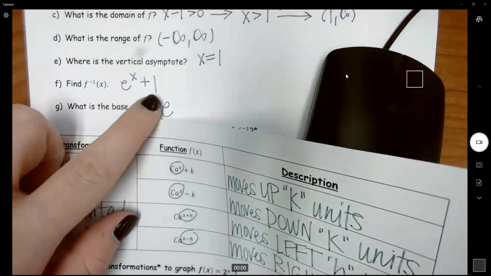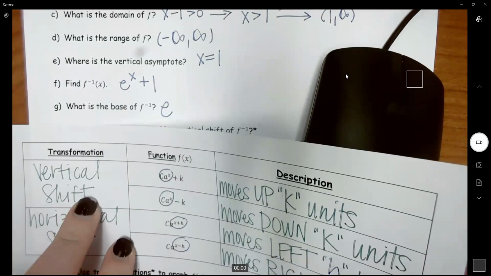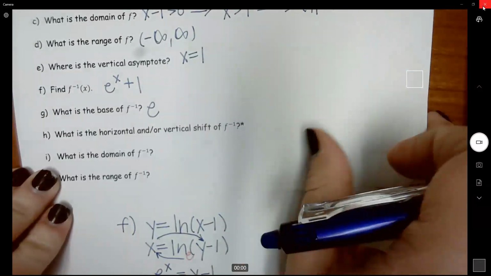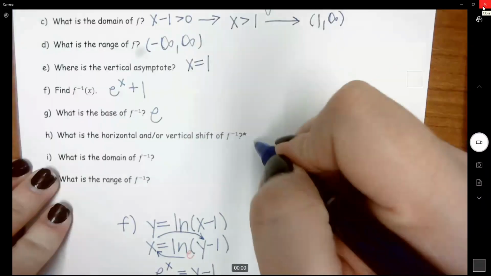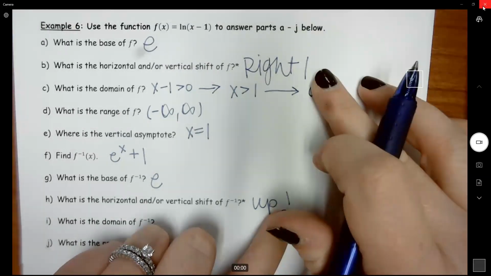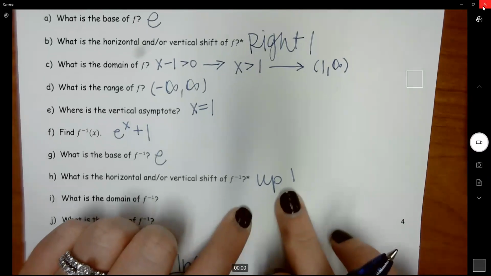We have our exponential plus 1. When you do your exponential plus 1, this is a vertical shift, and it is predictable. So that means this is shifting up 1. So these are both getting shifted 1, but one goes horizontally and one goes vertically.